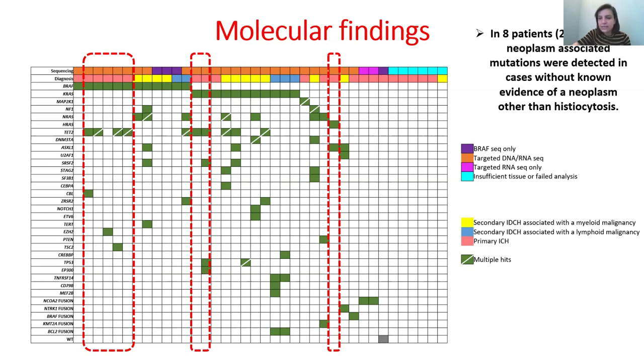Cases associated with a follicular lymphoma harbored well-defined follicular lymphoma alterations, such as CREBBP and TNFRSF14 mutations, as well as BCL2 translocation, and didn't have any myeloid neoplasm-associated mutations or clonal hematopoiesis-related mutations, suggesting a different evolution mechanism occurs in lymphoma-associated cases.